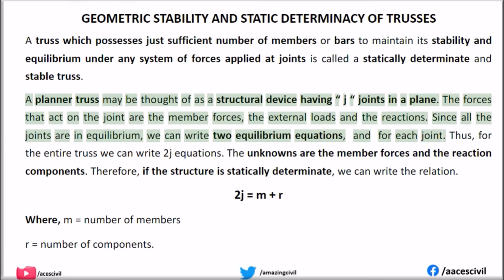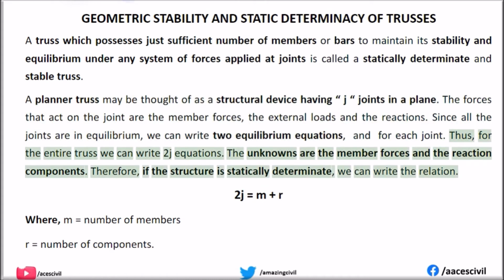The forces that act on the joint are the member forces, the external loads and the reactions. Since all the joints are in equilibrium, we can write two equilibrium equations for each joint. Thus, for the entire truss we can write 2J equations.